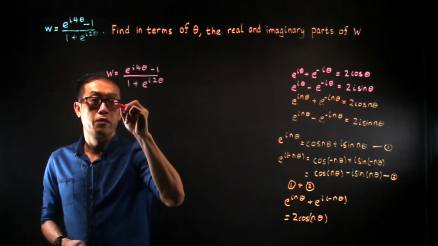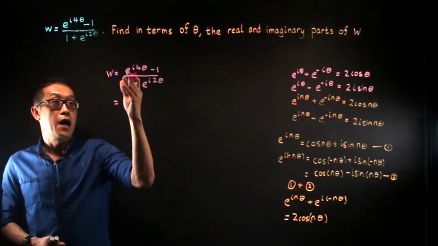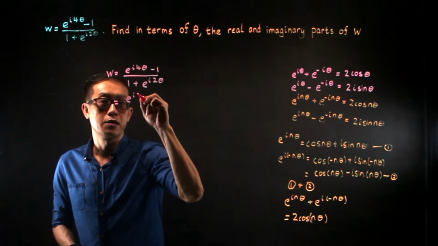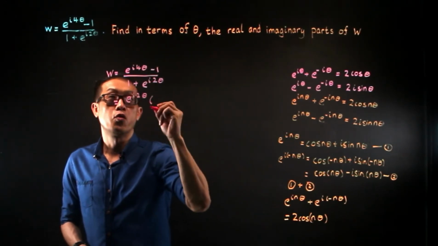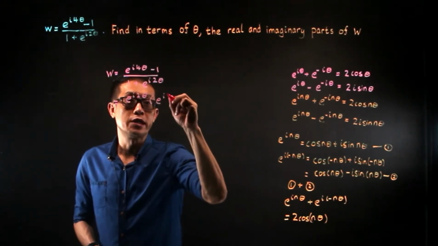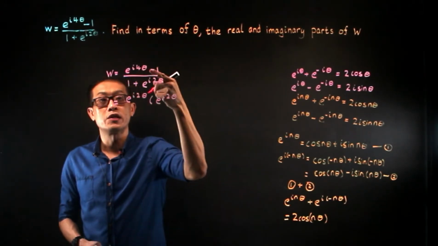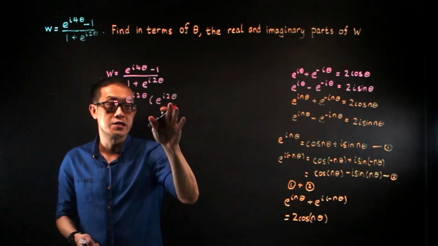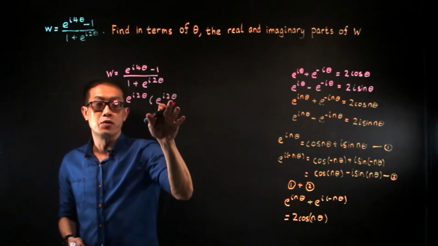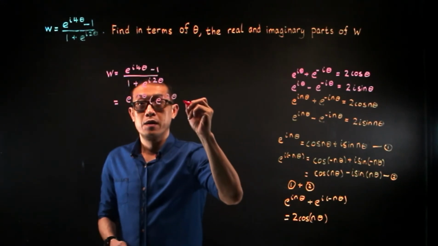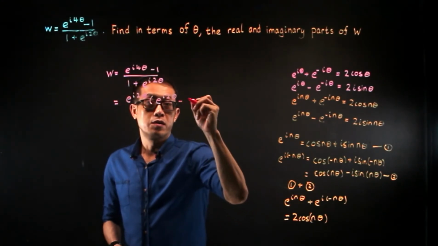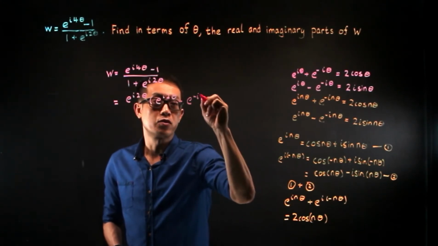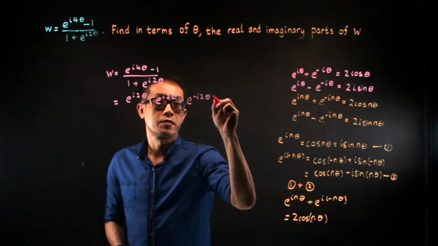Now, for the numerator, I take out e^(i2θ). What is left will be e^(i2θ) itself, because earlier on it was 4θ, so you bring a 2θ out. According to the law of indices, this will become 2θ, and this one will then become e^(-i2θ).